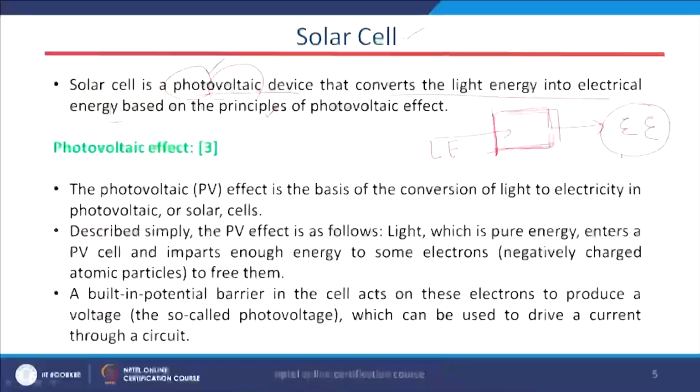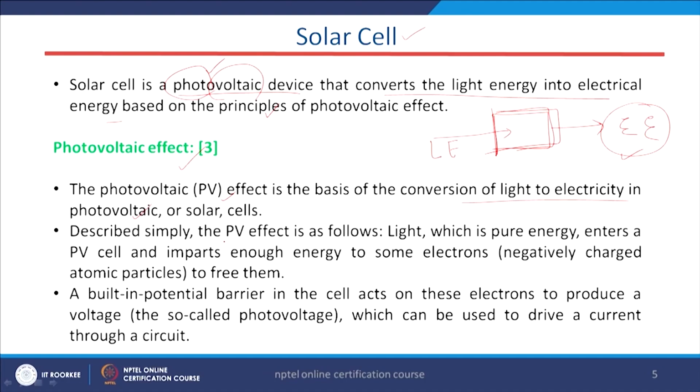The input to this cell is light energy, the light that comes from the sun, and it converts it to electrical energy. The output of this cell is electrical energy. That is the main function of this solar cell. The photovoltaic effect is based on the conversion of light to electricity in photovoltaic or solar cells.